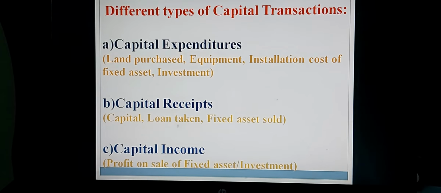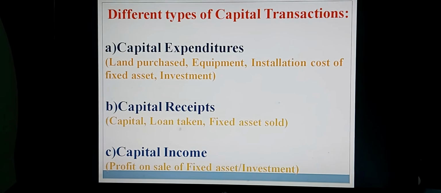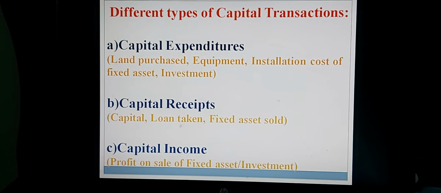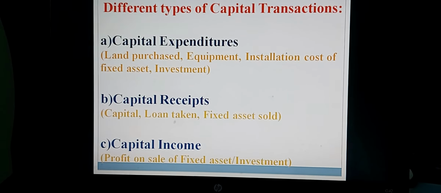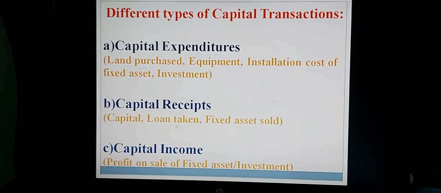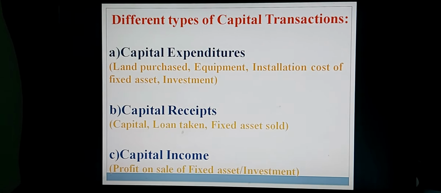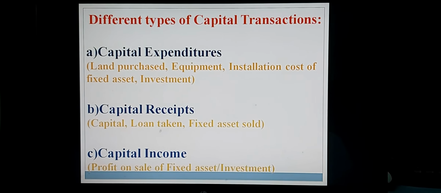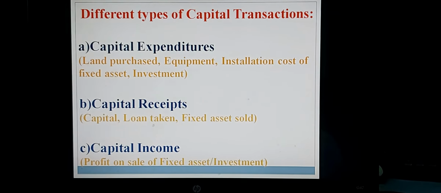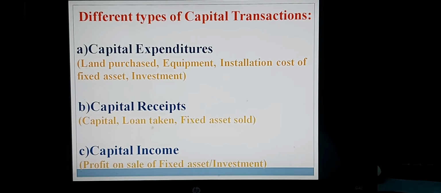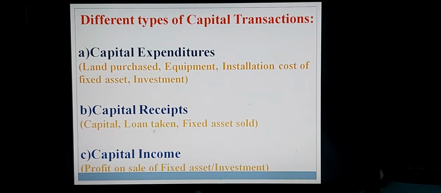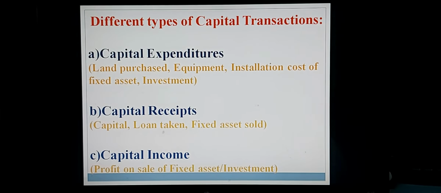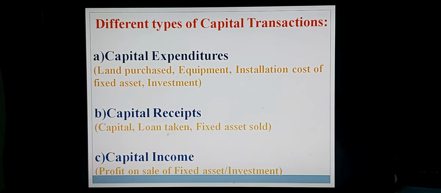For example, old furniture sold for Taka 70,000, but the current value of the asset is Taka 68,000. Here the capital income is 70,000 minus 68,000, equal to Taka 2,000.